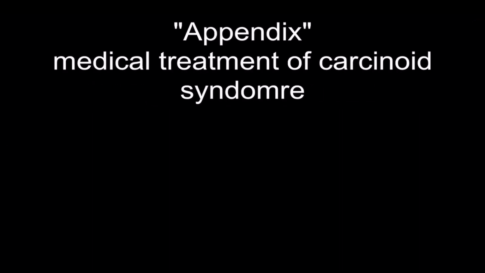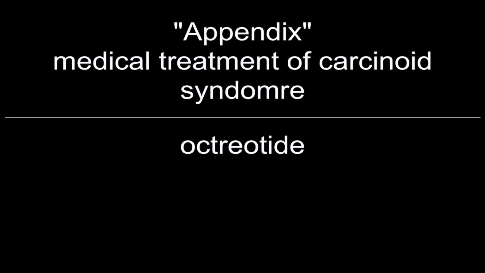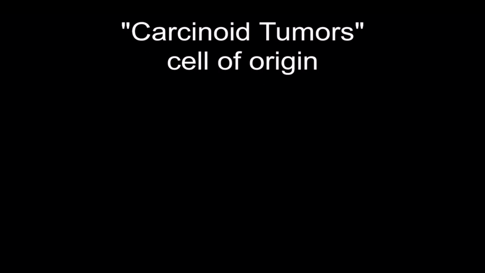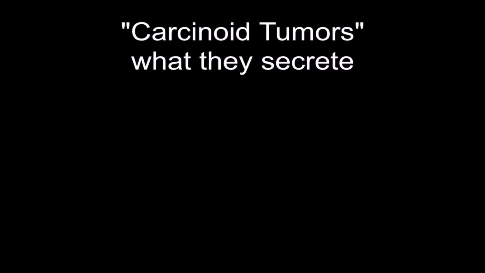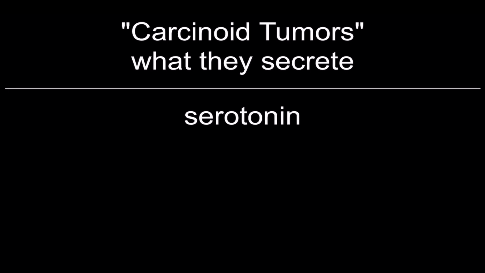Medical treatment for carcinoid syndrome. Octreotide. What is the cell of origin for carcinoid tumors? Neuroendocrine cells and Kulchitsky cells, more specifically. What do they secrete? They secrete serotonin.